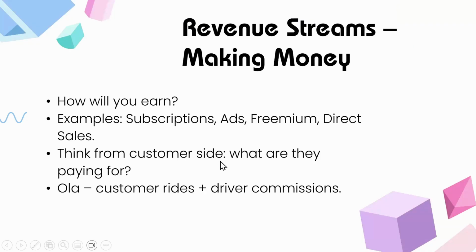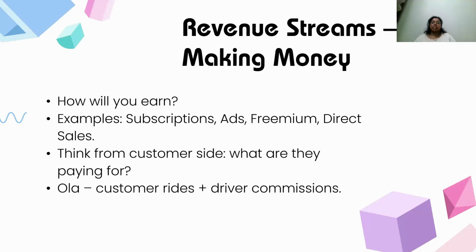ठीक है? Example, अगर मैं Netflix हूँ, if Netflix is my company, subscriptions is going to be my model. Freemium was already a model where, 1 month के लिए free दे दिया, उसके बाद ये हुआ. Few people also do direct sales, right? So these are different examples: subscriptions, ads, freemium. Like Jio, when it was started, for 3 months they gave free.